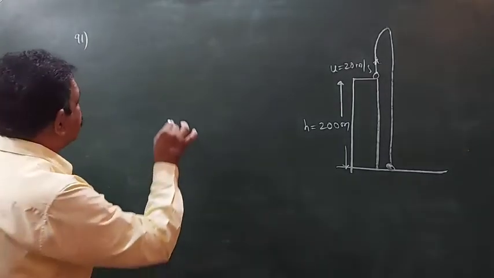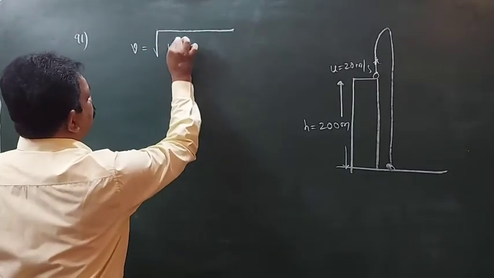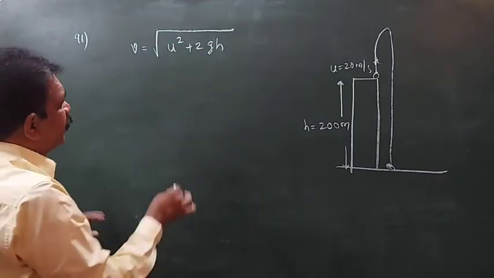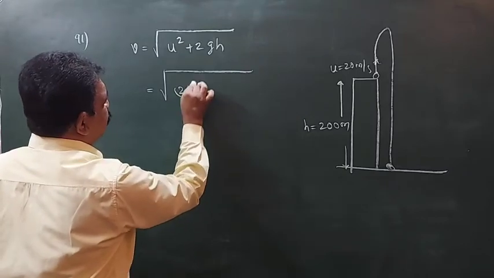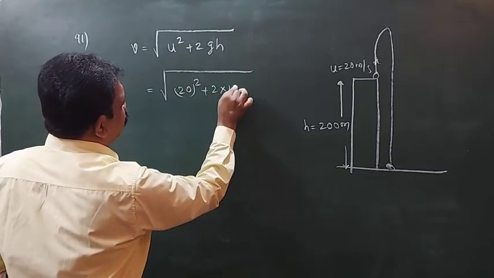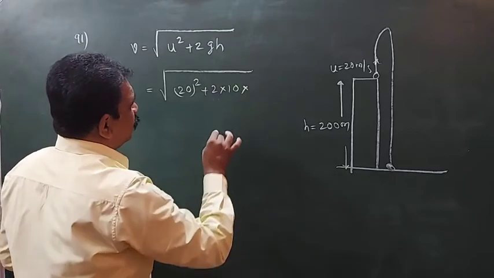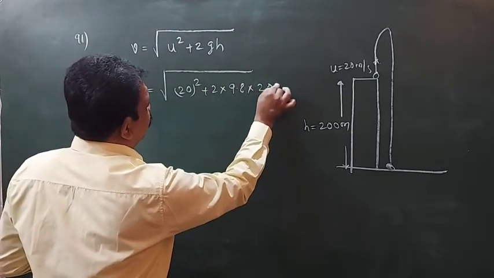That is the question. V is equal to square root of u square plus 2gh. So this value is square root of 20 square plus 2 into 9.8 into 200.